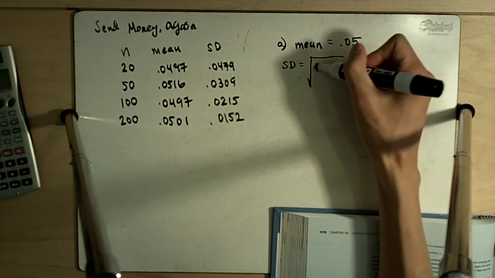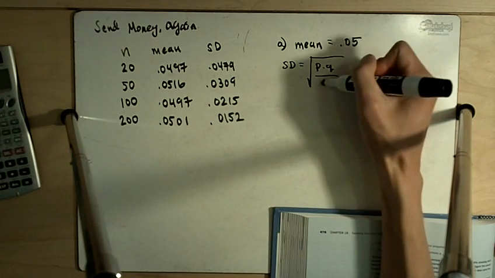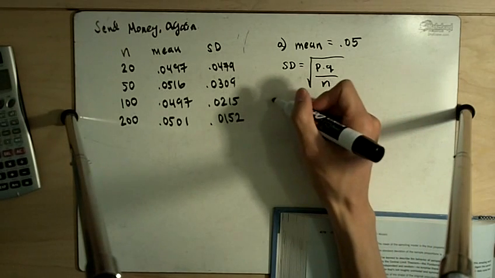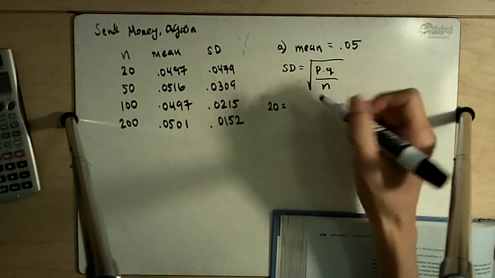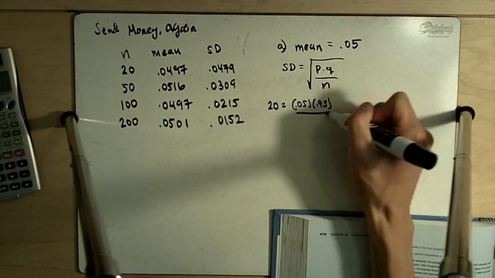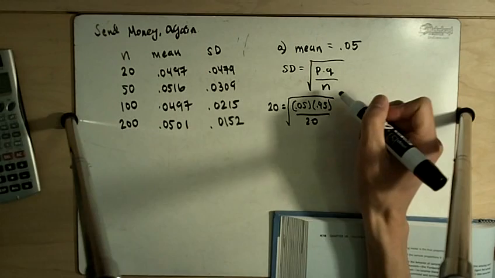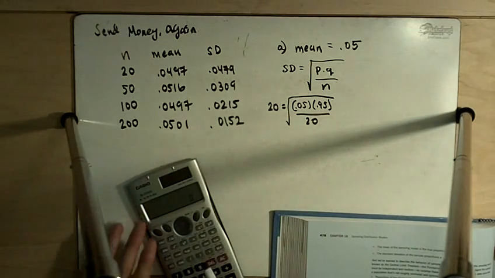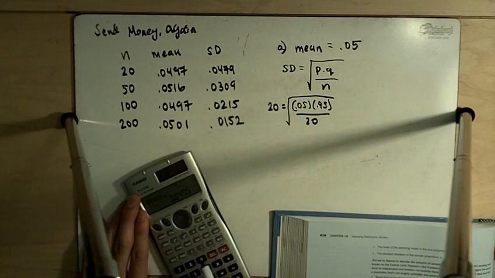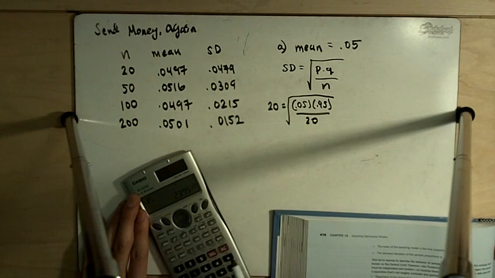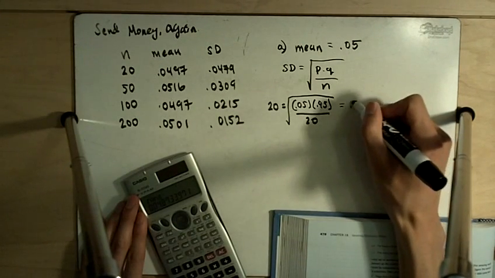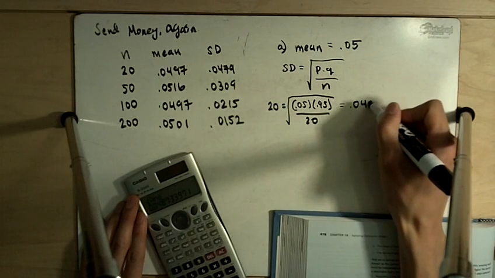should be the square root of p times q divided by n quantity square root. So for 20, that would be the square root of 0.05 times 0.95 divided by 20. And here we would have 0.0487.